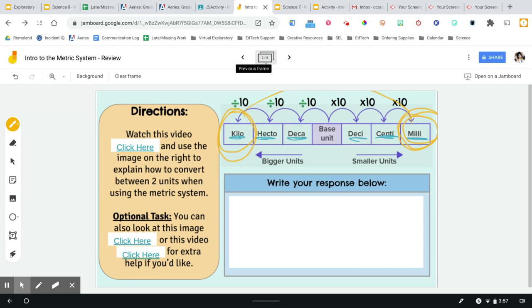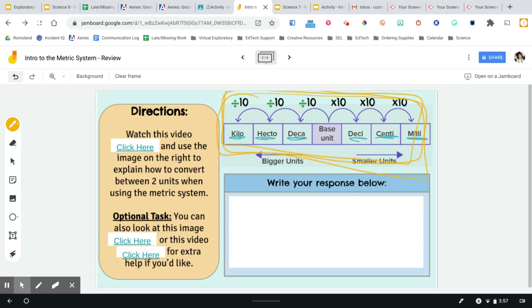You've practiced converting from inches to feet, I'm sure, in grade school. You have practiced converting from cents to dollars in other classes as well, I am sure. And so now we are just doing the same idea of conversion, but using the metric system and its units.